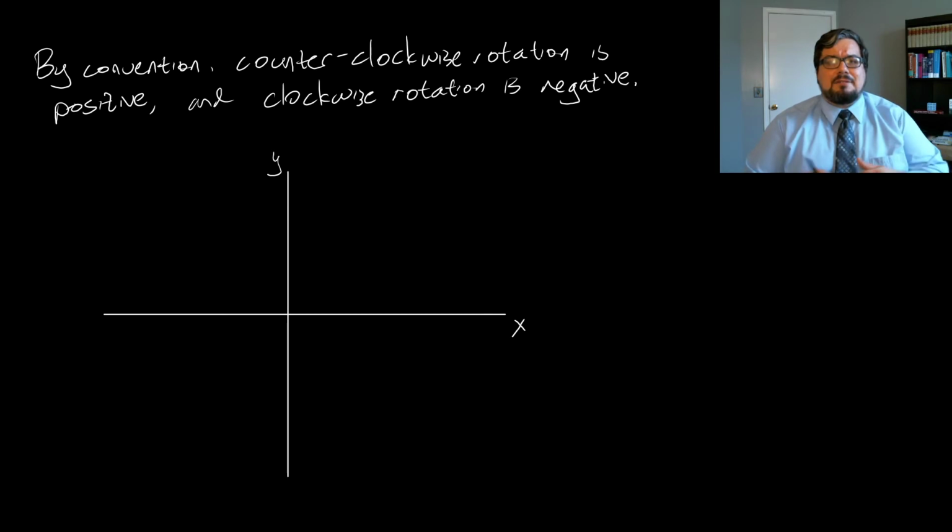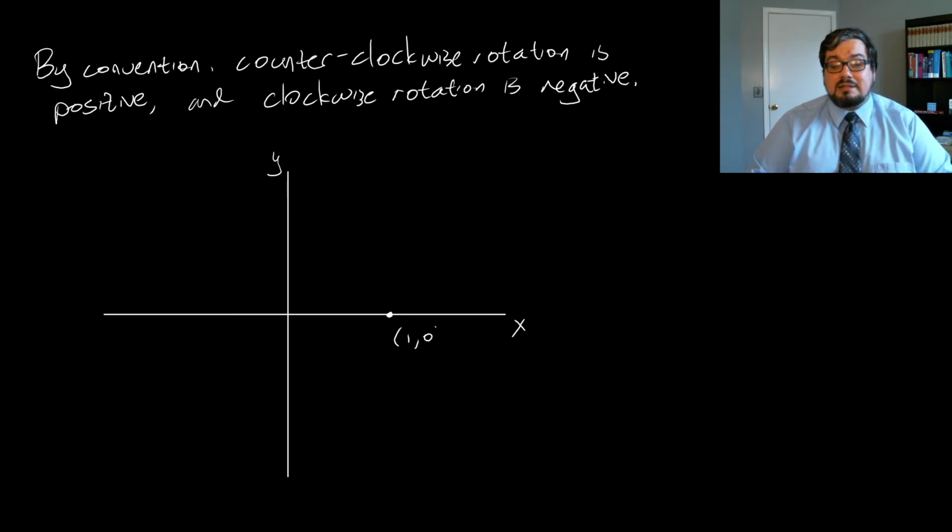And so at first it's a little bit counterintuitive to think that counterclockwise is the positive direction. The reason why this convention may have been chosen, and I can't tell you for sure that this is the reason, but it gives one possible explanation, is to think about how we write down points in the xy plane.